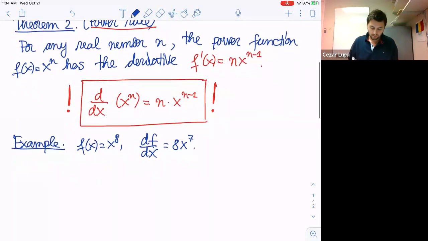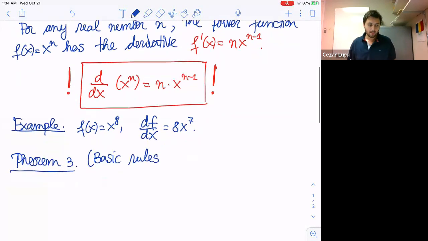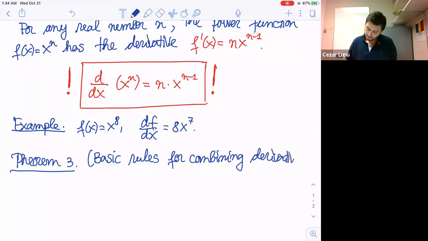Let's call this theorem 3, the basic rules for combining derivatives. We will see some standard procedure of finding the derivatives.